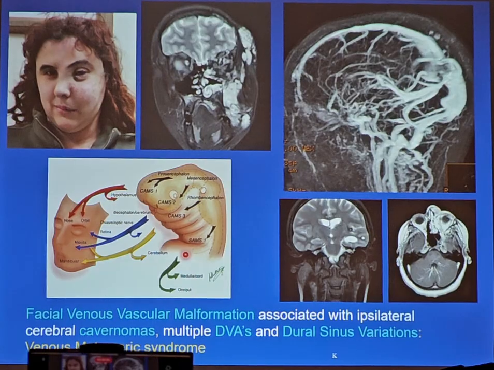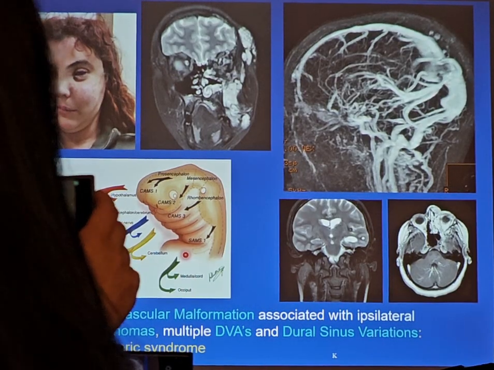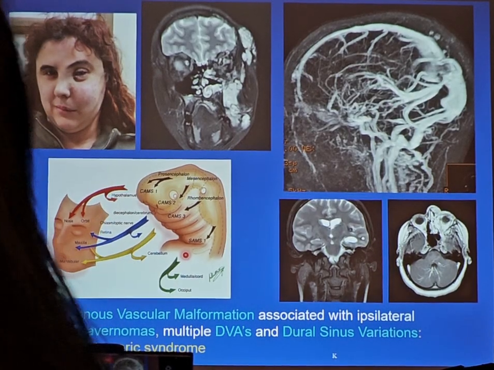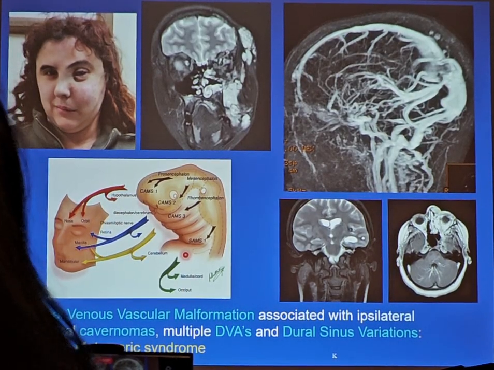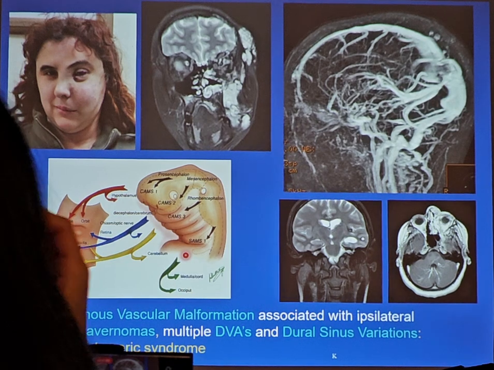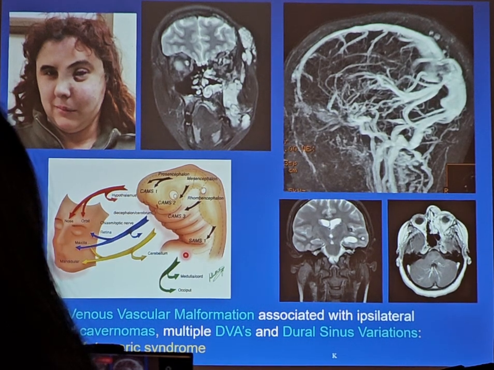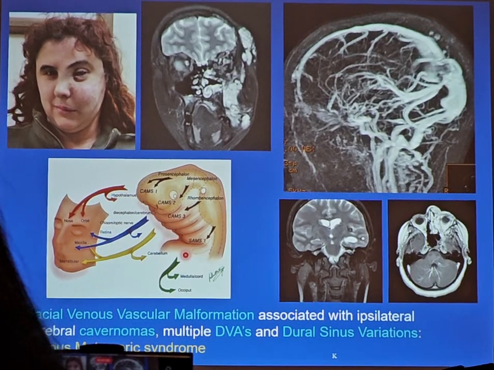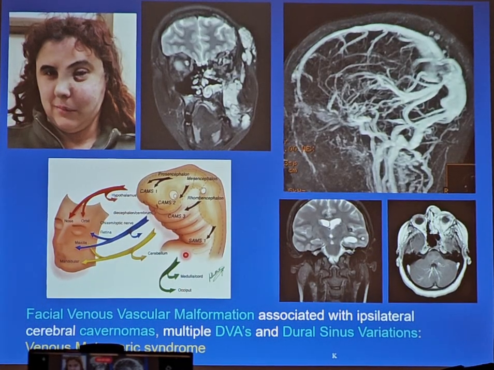The venous system, similar to the arterial system, is coming from the back and from the neuroectoderm and moves forward. And as it moves forward, there can be hits and triggers, as Timo showed you. If it's an early phenomenon, then the entire venous system is involved on one side. If it's late, then it's maybe just a phase. But in this patient, there's a venous vascular malformation of the facial region.